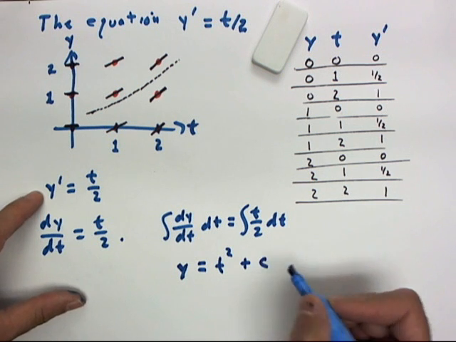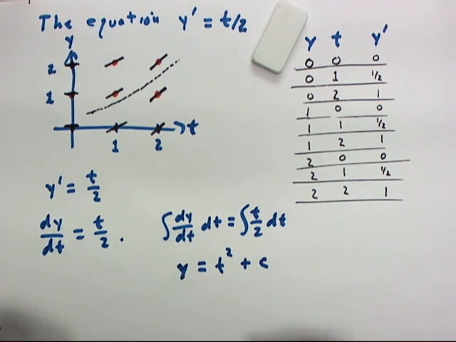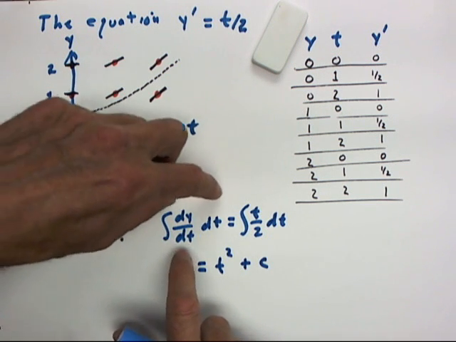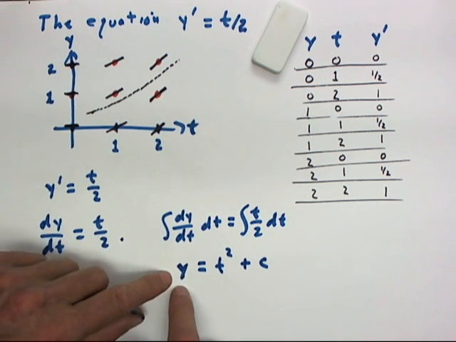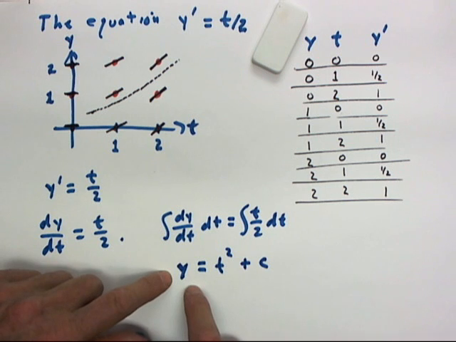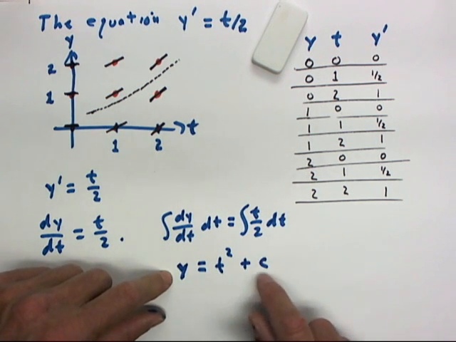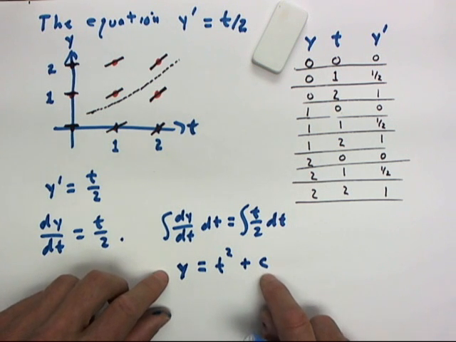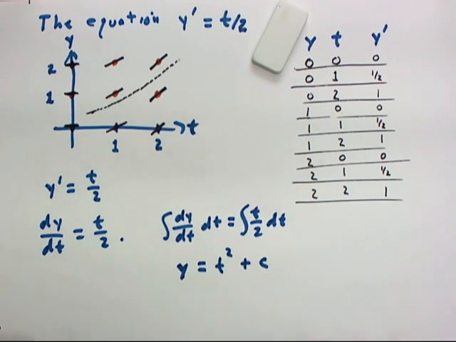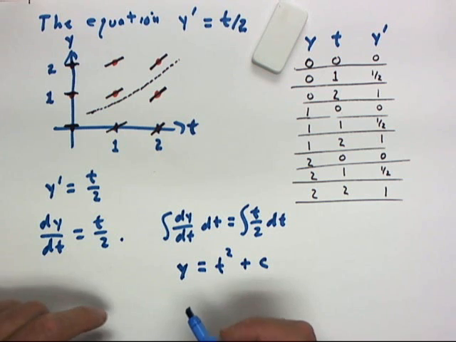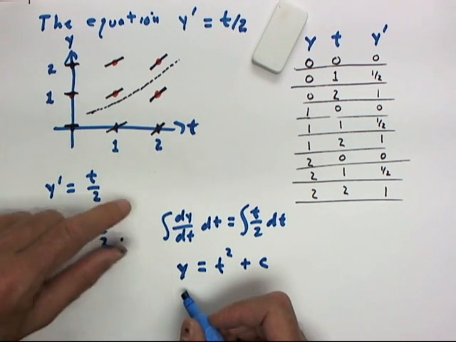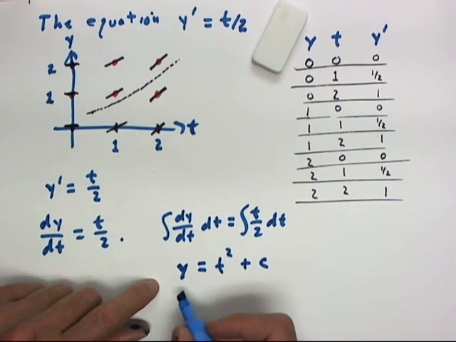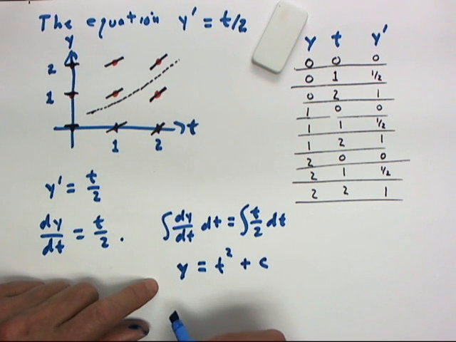And of course we have an integration constant on both sides, so that by the fundamental theorem of calculus, this side will give us y plus some constant. This side will give us t squared plus another constant. We just absorb both of those constants together, call the constant c, so that a solution to this equation is the function y equals t squared plus c.